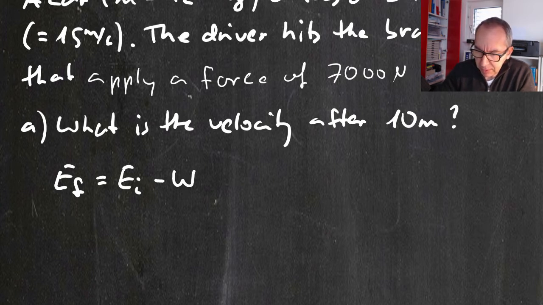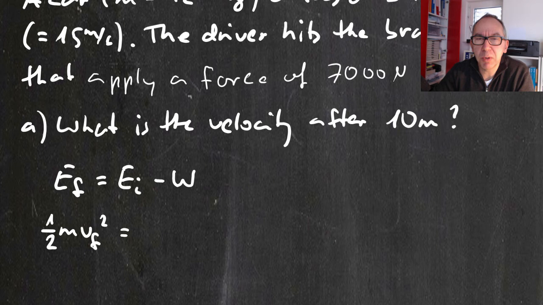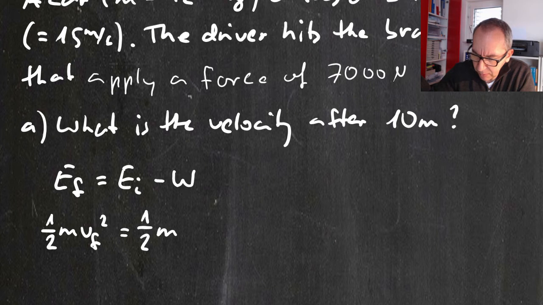So let's put in the numbers. The final energy is 1/2 mv final squared. Final velocity is what we are looking for. And the initial energy was 1/2 mv initial squared.